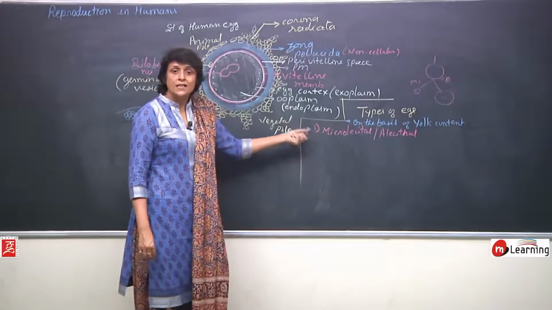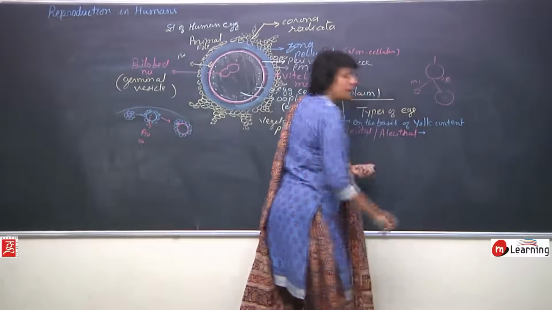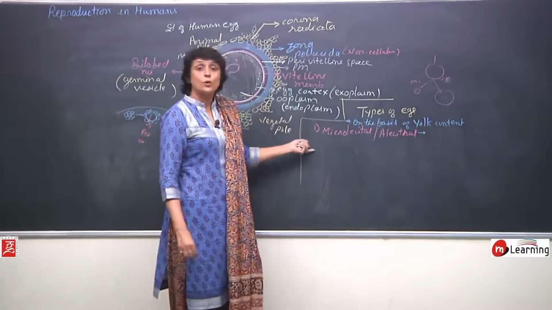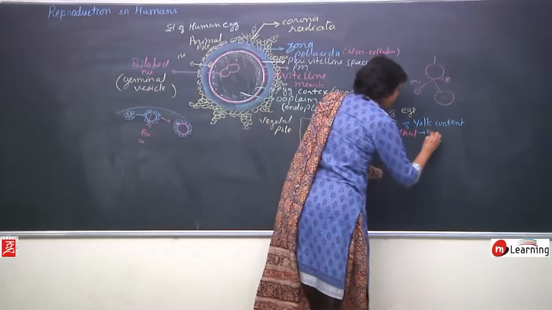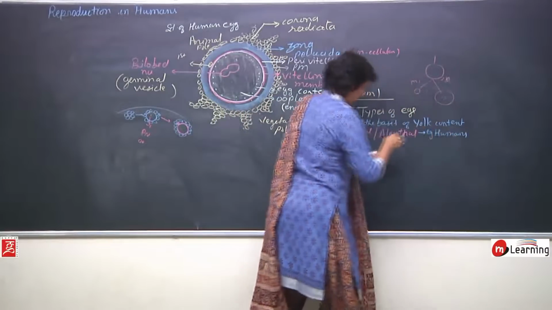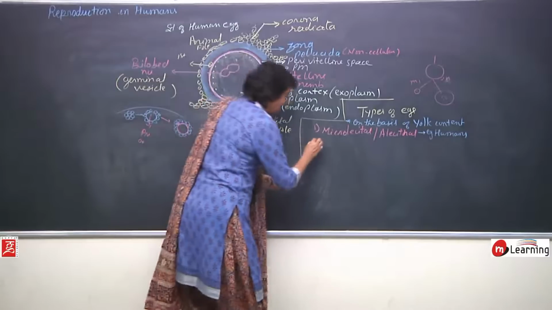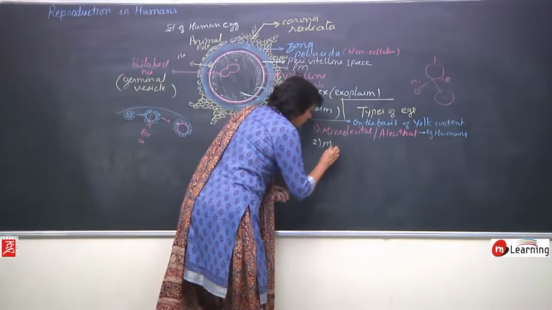Such eggs are known as microlecithal or alecithal. Human eggs are microlecithal. So we find this in humans. If the yolk quantity is moderate, then they are known as mesolecithal.